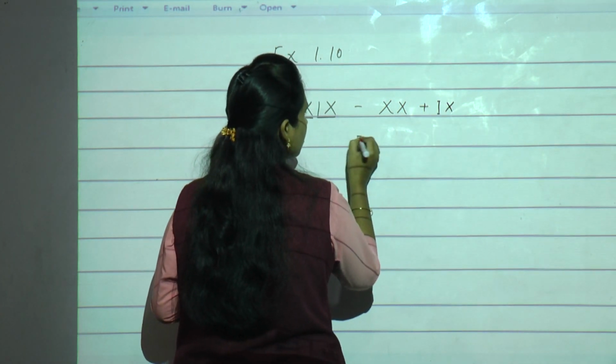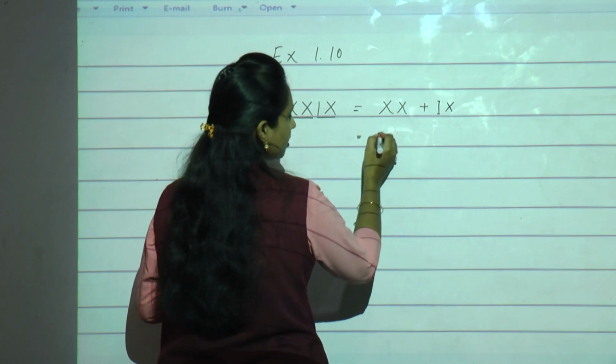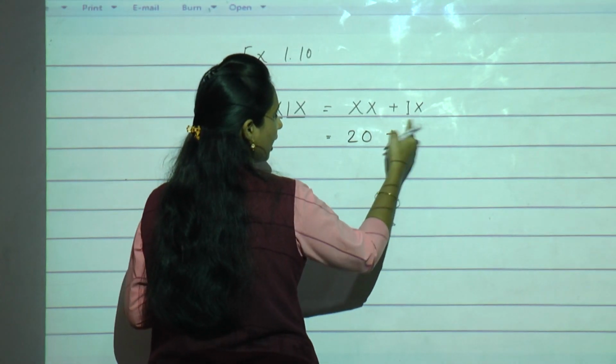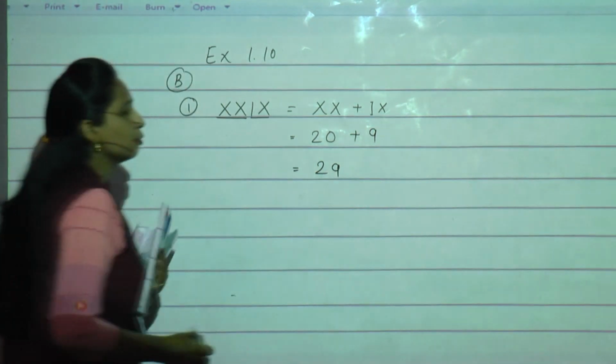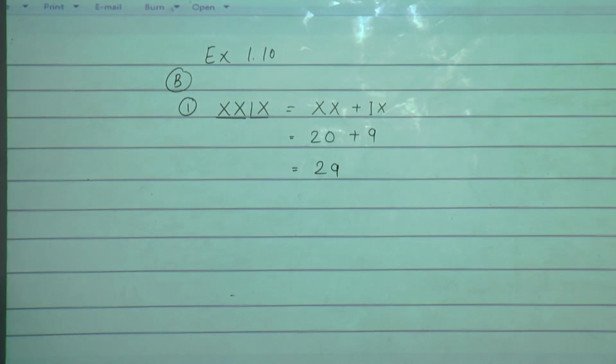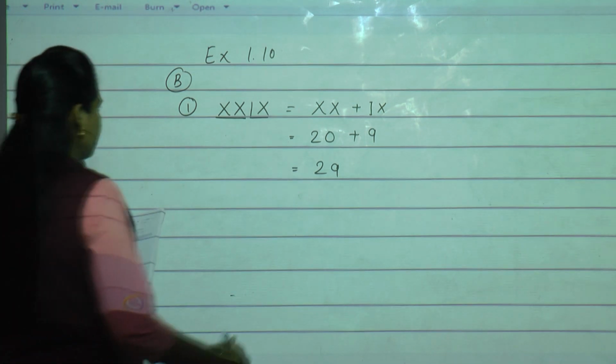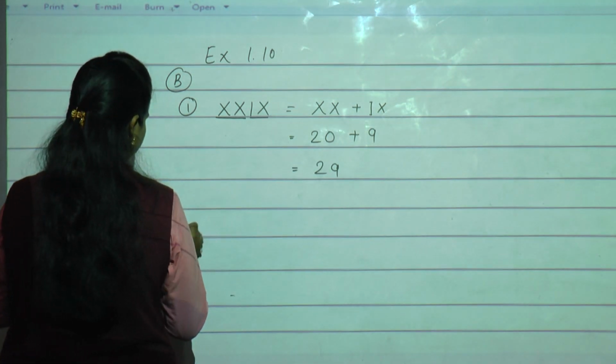Double X represents 20 in Hindu-Arabic and IX represents 9. So it becomes 29. Got it? Everyone? Yes? Clear? Very easy.